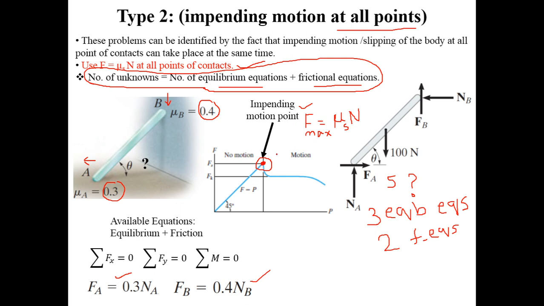A clear indication of motion will be specified to you, and you know that at this point the friction force is always maximum. Okay, so you can use f equals to mu s n at all points. The number of unknowns will remain equal to the number of equilibrium equations plus friction equations.